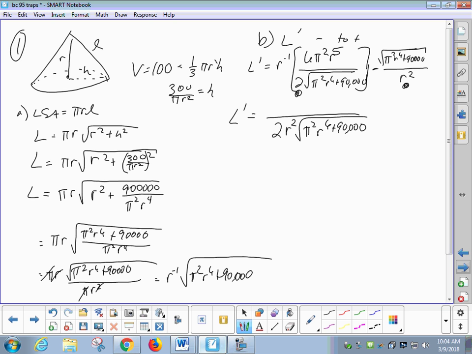It needed one more r, and it had the root. So I would have had to multiply this by r. 6 pi squared r to the 6th minus. This guy had the r squared, so I need to multiply it by 2 and the root. Well, the root times a similar root would be just the thing. Pi squared r to the 6 plus 90,000.